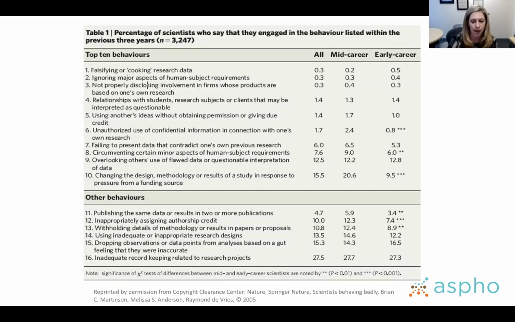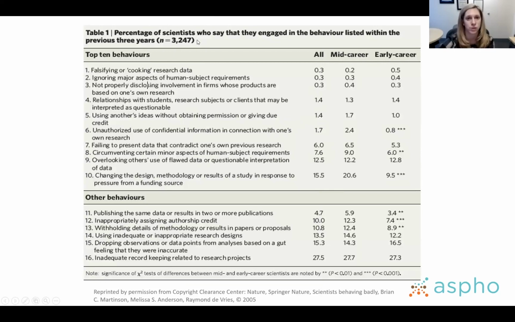So this is an interesting, if not disturbing, publication that came from Nature in 2005, asking investigators, some of whom were early career, some were mid-career, and this column here shows everybody all together, how often they've engaged in various behaviors that would fall into the questionable research category.